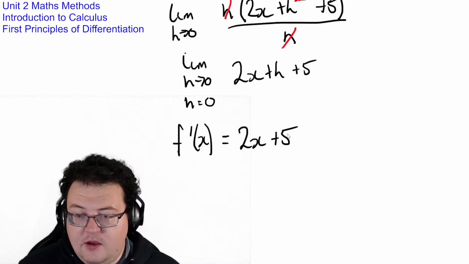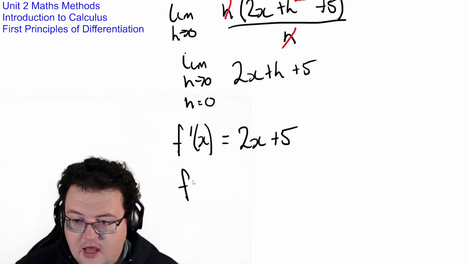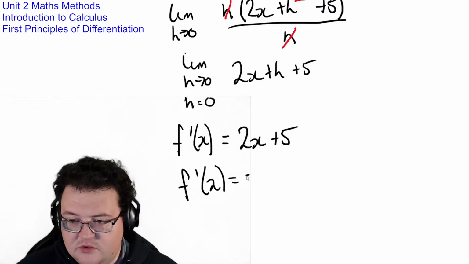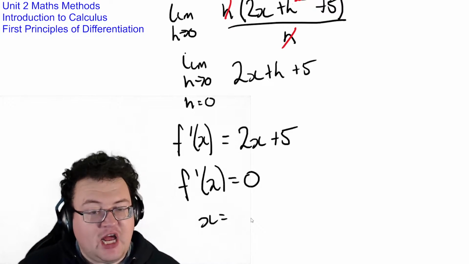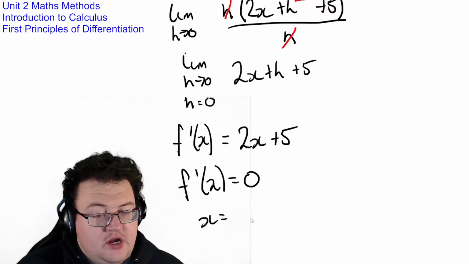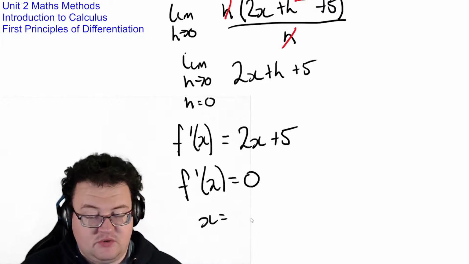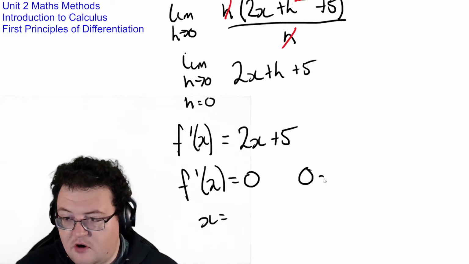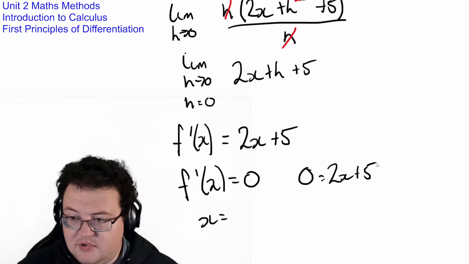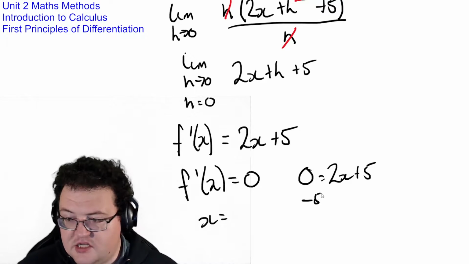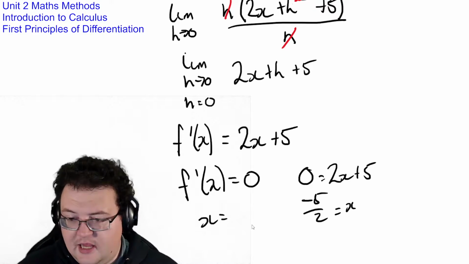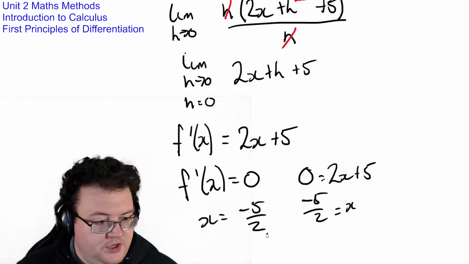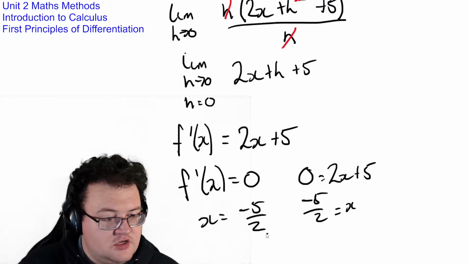So if I was asking you f dash x equals 0, find x, what I'm actually asking you is, where is the turning point? Where is the gradient equal to 0? In this case, 0 equals 2x plus 5. Solve that, minus 5 over 2 equals x, which was said in the chat before I started doing all this.